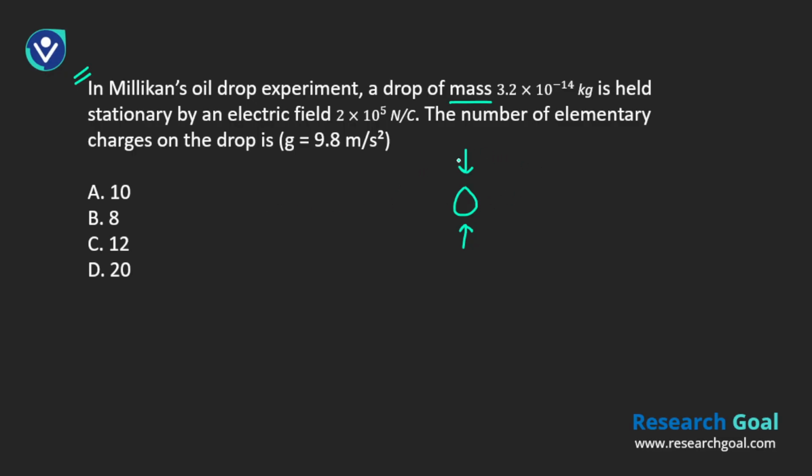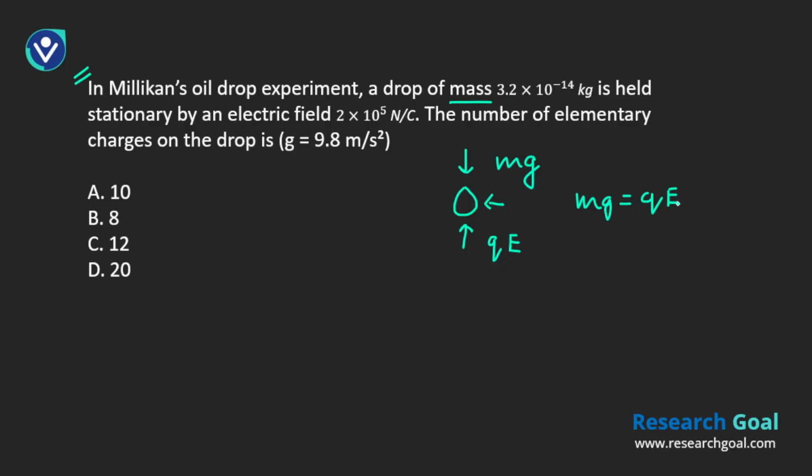We can start with this concept where you have the gravitational force, which is mg, mass into the g value, which is the acceleration applied by gravity, and the second one is the electric force, which is QE. Since it's stationary, both of these forces are equal. So mg equals QE.